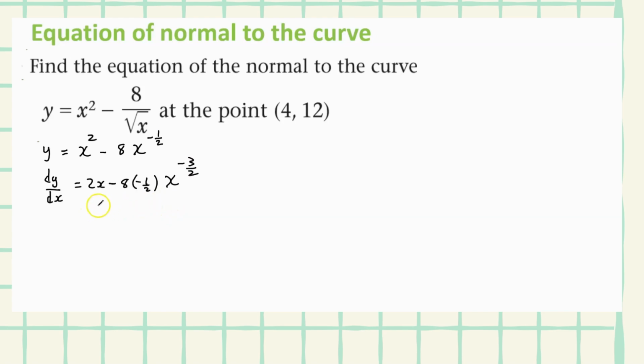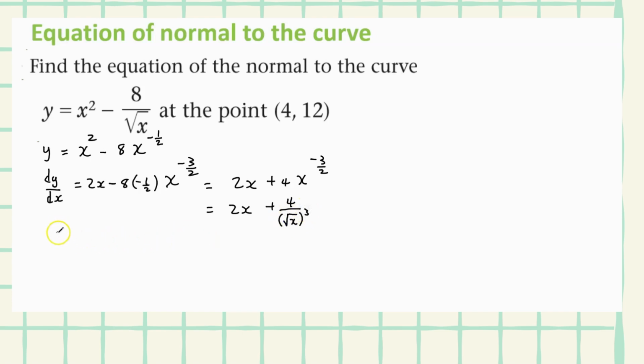So what we have then is 2x plus 4x to the minus 3 over 2. This can also be written as 2x plus 4 over the square root of x cubed.